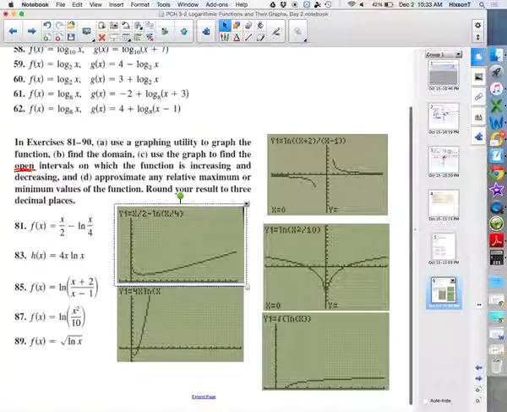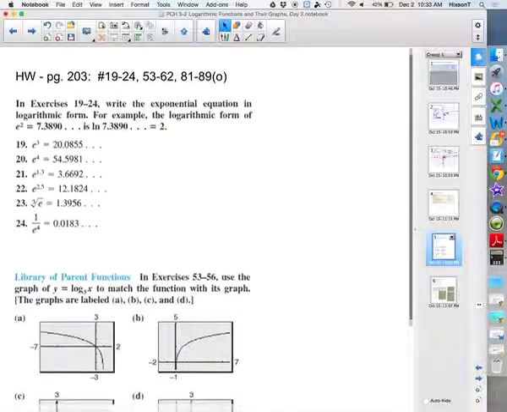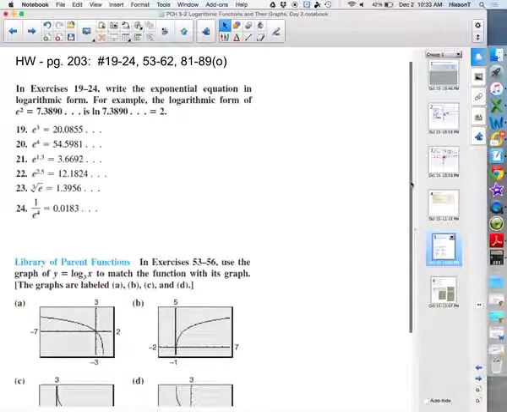Get used to using your calculator functions so you're comfortable finding max and min points or zeros. Okay? So we'll let you get started with those for the last couple minutes. If you've got questions, we can answer those.